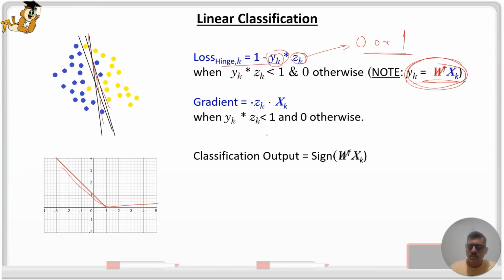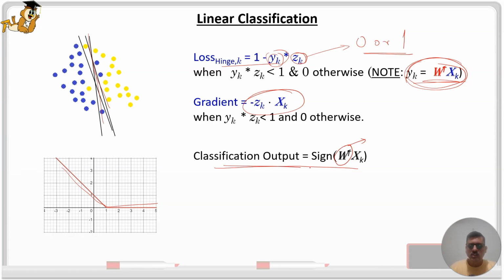You solved this problem using gradient descent. This was your gradient. And finally, you ended up with a situation where your final classification output on test samples was going to be sign of w transpose xk, where w was the weight vector of optimum weights that you determined on the basis of training data.